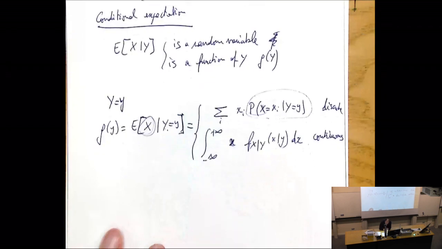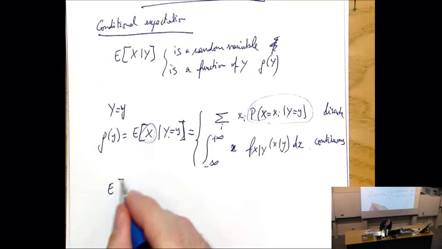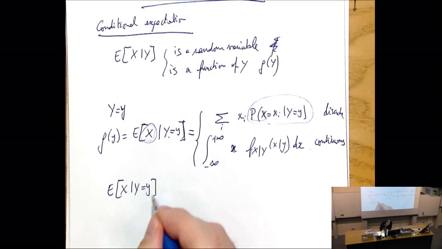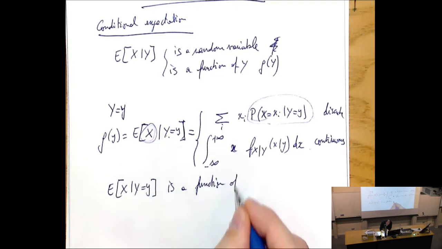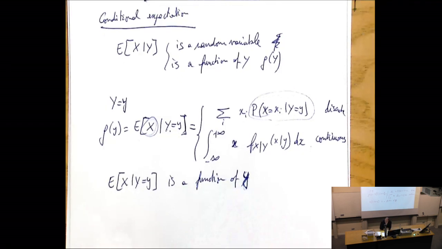What you see here, and this is very important, is that this quantity, if I evaluate it for a certain value y, is a function of y. It's evaluated for a specific value of y.